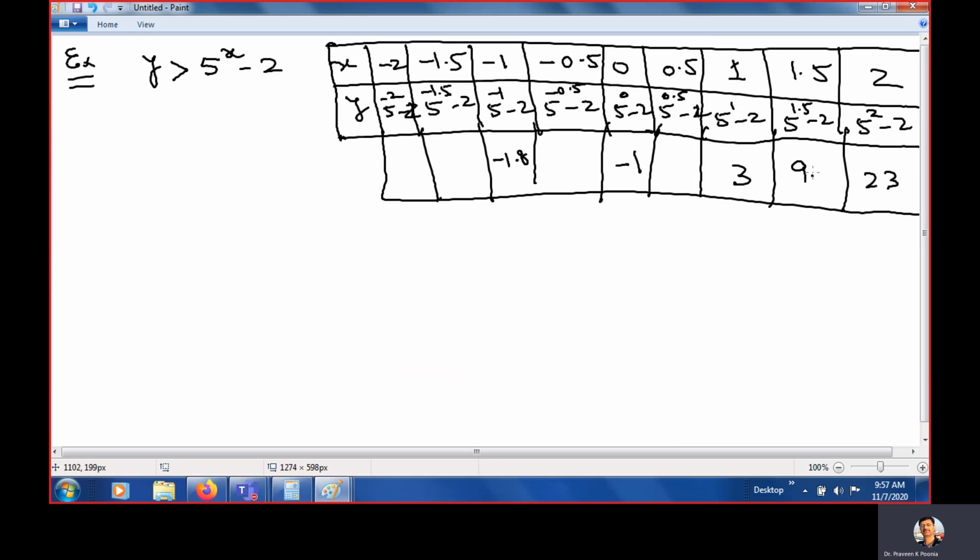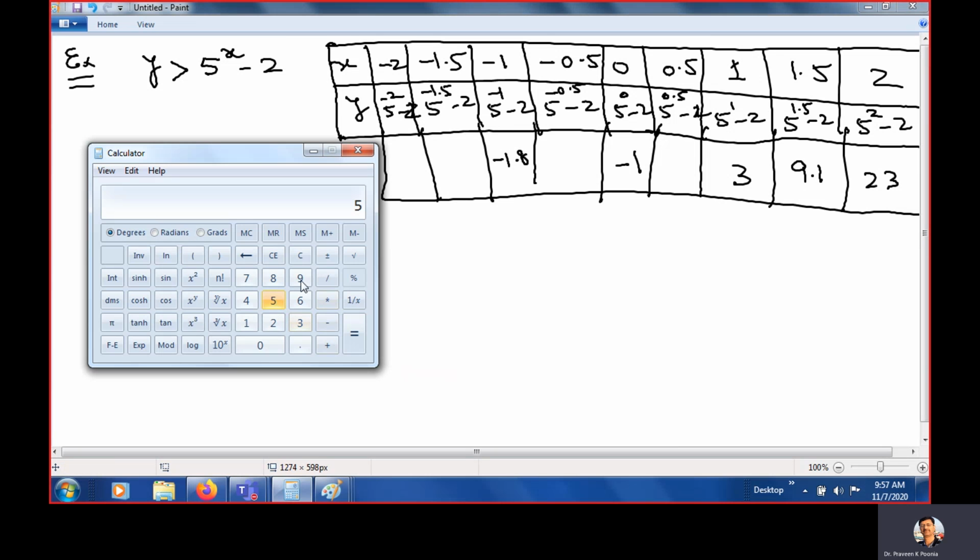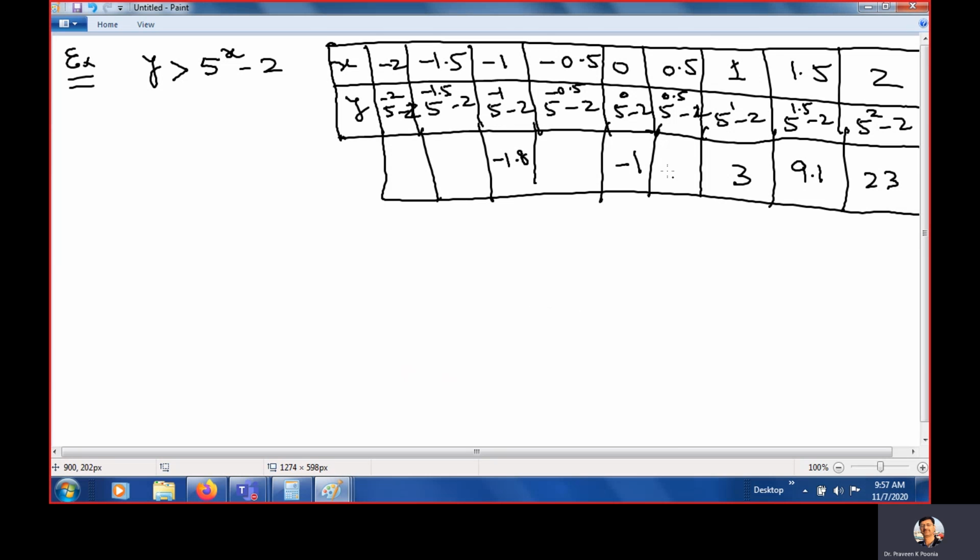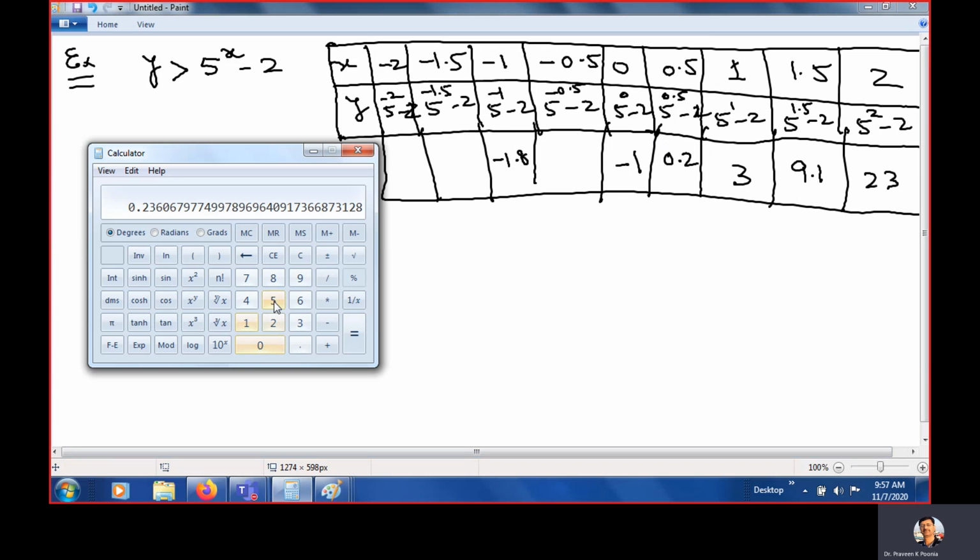This value is 9.1. 5 power 0.5 minus 2 is 0.23, so we will put it as 0.2. Okay. Now we will take 5 power minus 0.5, minus 2.